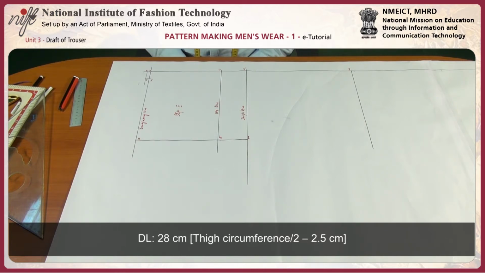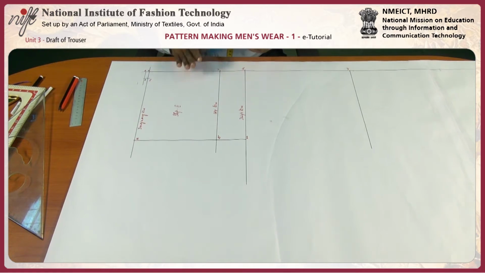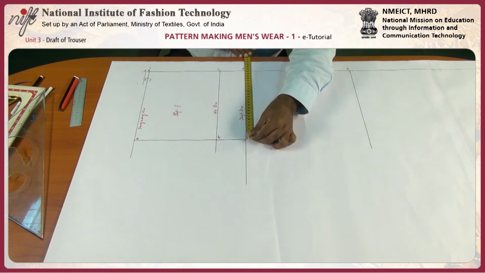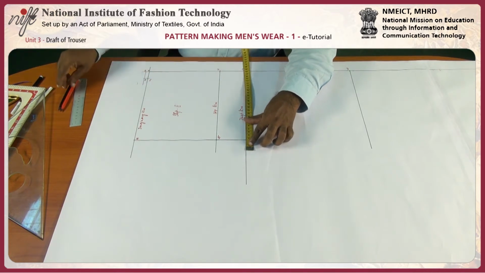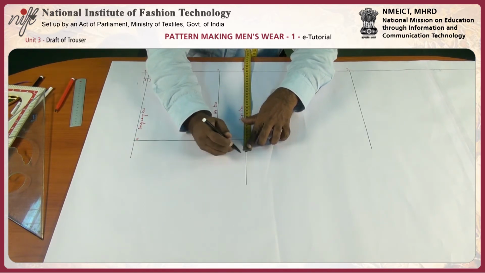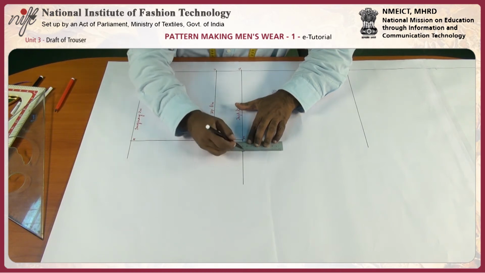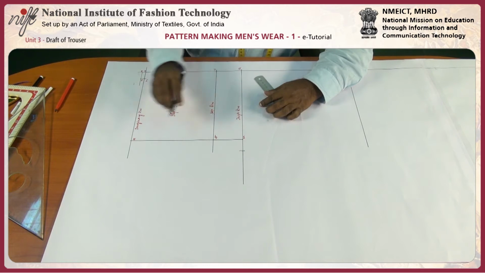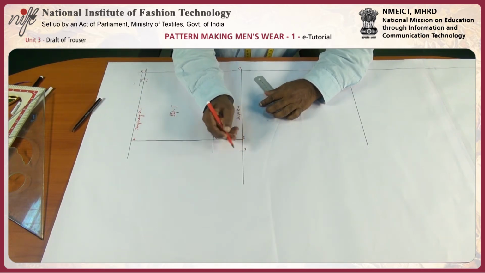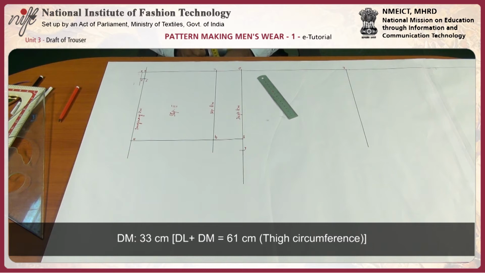G to I, collar point measurement, 7.5. Now blend I and F, G and E. With this, collar draft is complete.